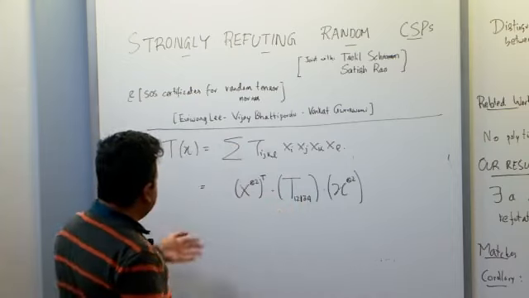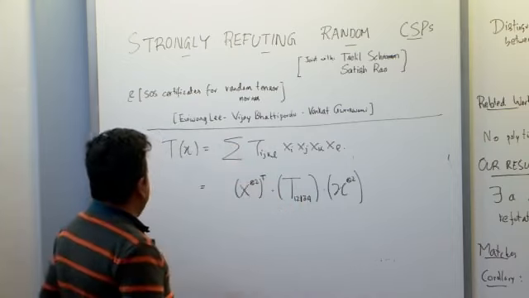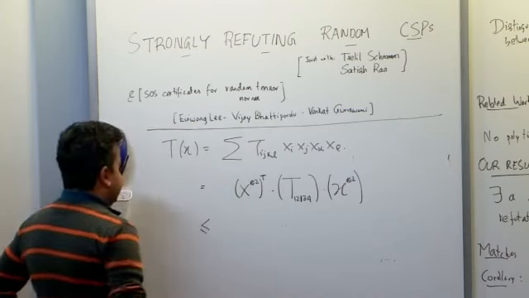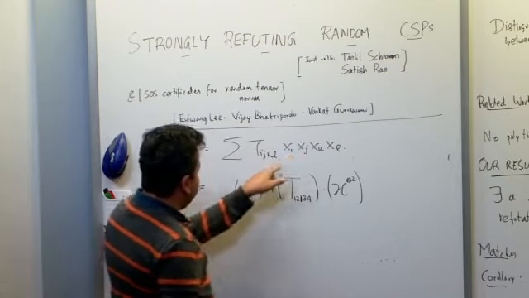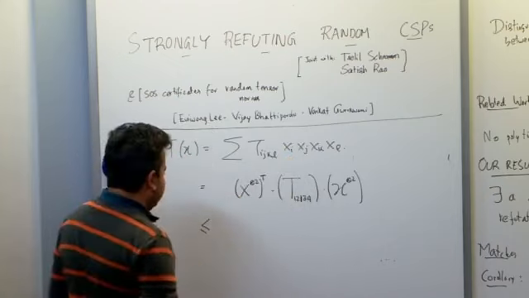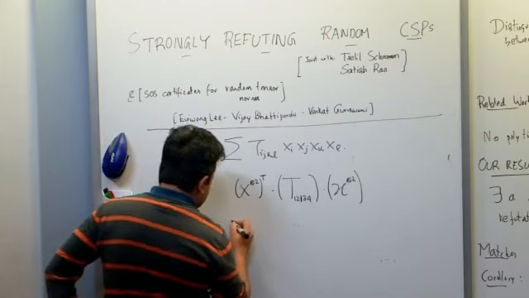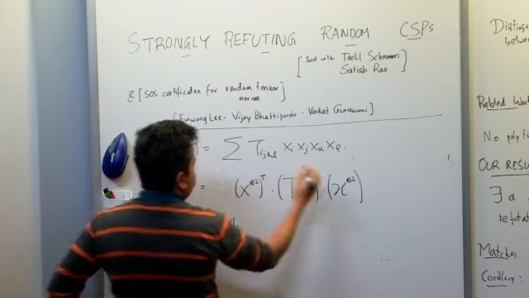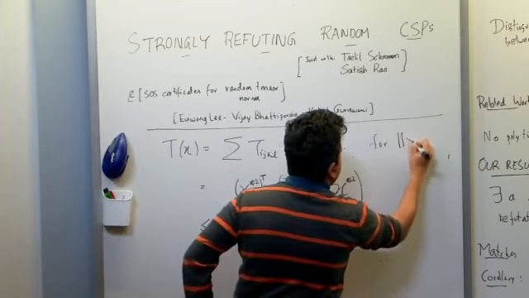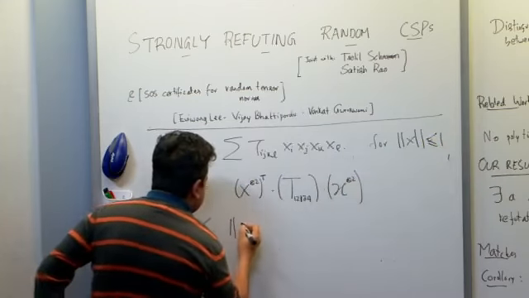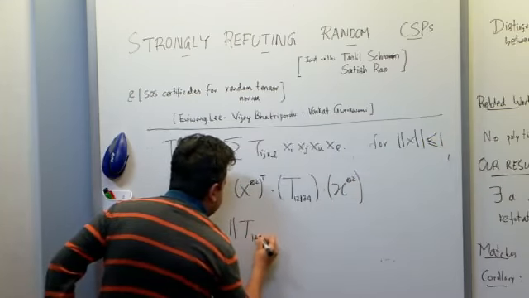Okay, so this is just equality. Since x is a unit vector, x tensor 2 is also a unit vector. So for a unit vector x, this is at most the spectral norm of this matrix.